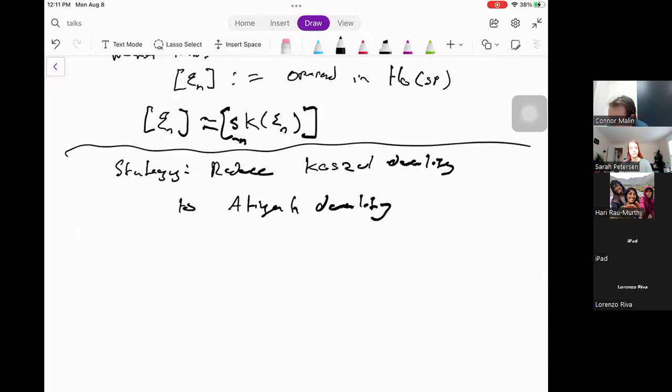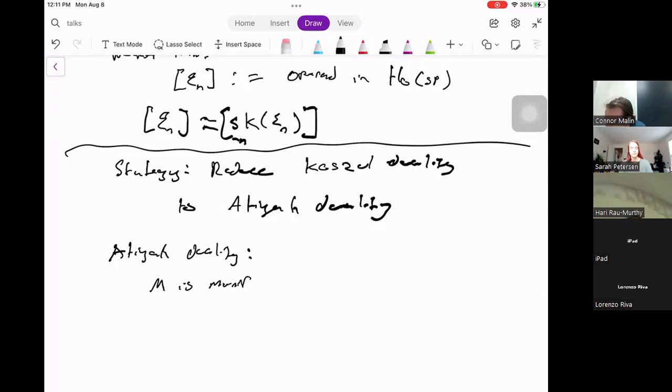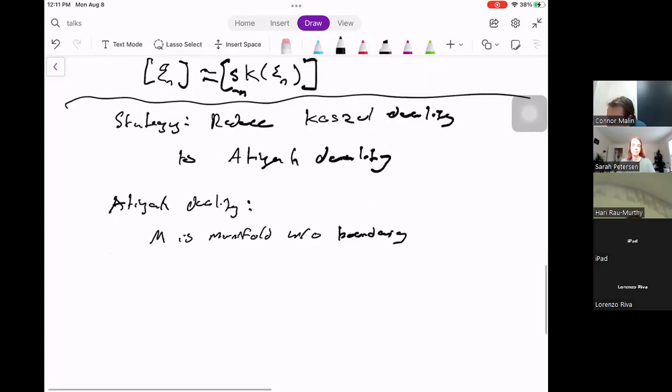Okay. So Atiyah duality is a theorem which I'll phrase as follows. Okay, so M is a manifold without boundary. Then we have the following.